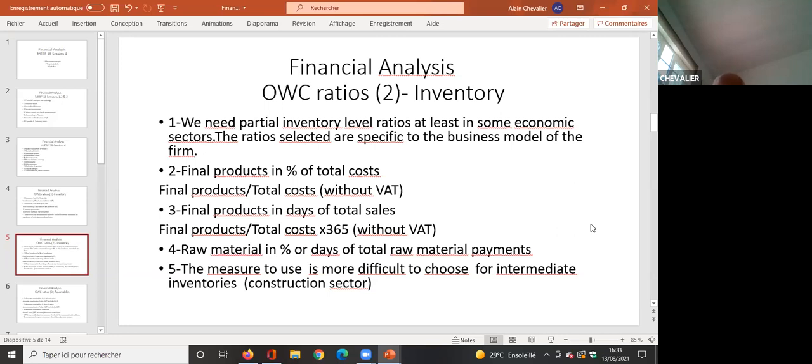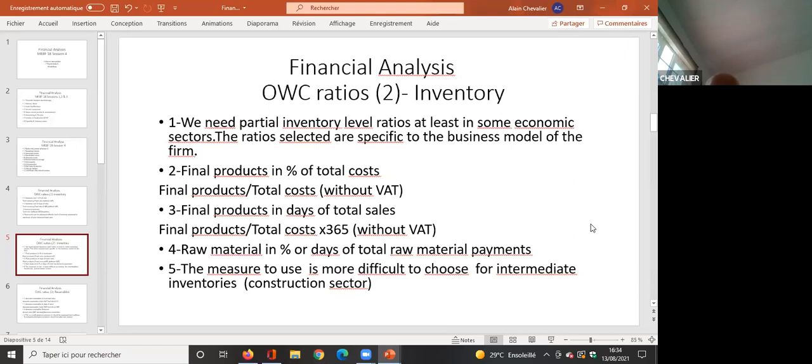First, you need to explain the changes in total inventory, of course, to calculate total inventory percentage or days compared to something global, which could be total cost of goods or total sales.